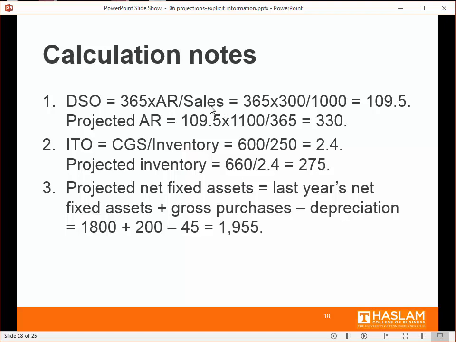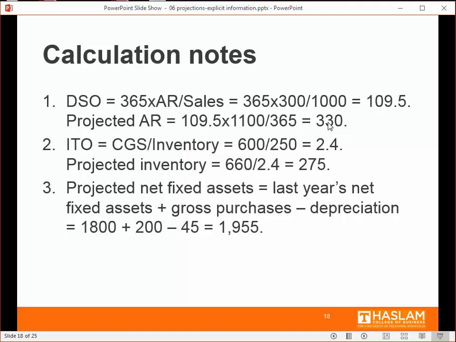Day sales outstanding is currently 109.5. We're taking quite a while to collect our accounts receivable, 109.5 days on average. And so that means that we're going to project our accounts receivable to be 109.5, that's the day sales outstanding, multiplied by 1100 divided by 365, or 330.